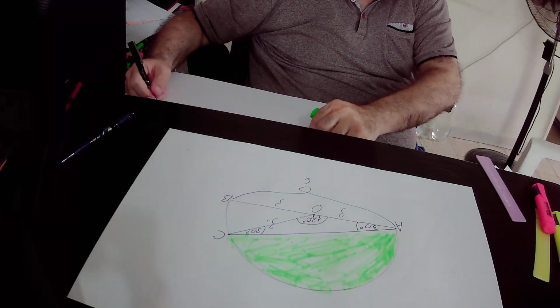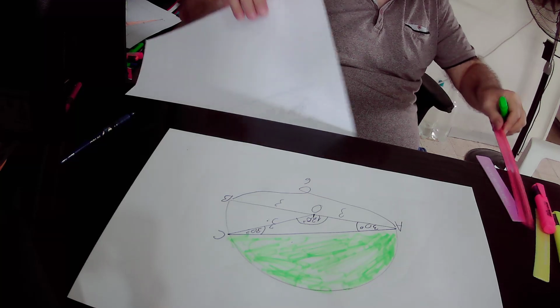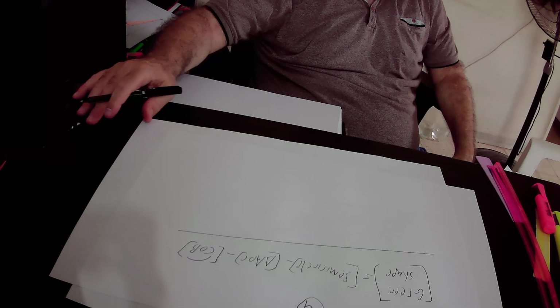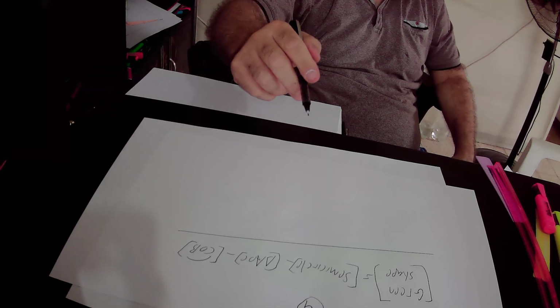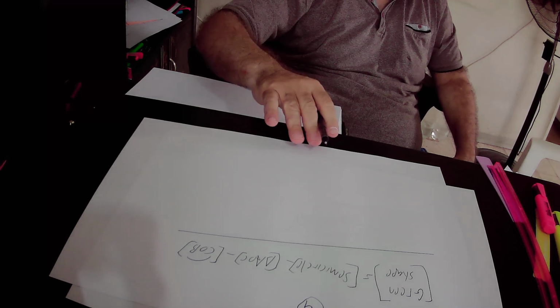I repeat again the formula: the area of the green shape equals the area of the semicircle minus the area of triangle AOC minus the area of sector COB.